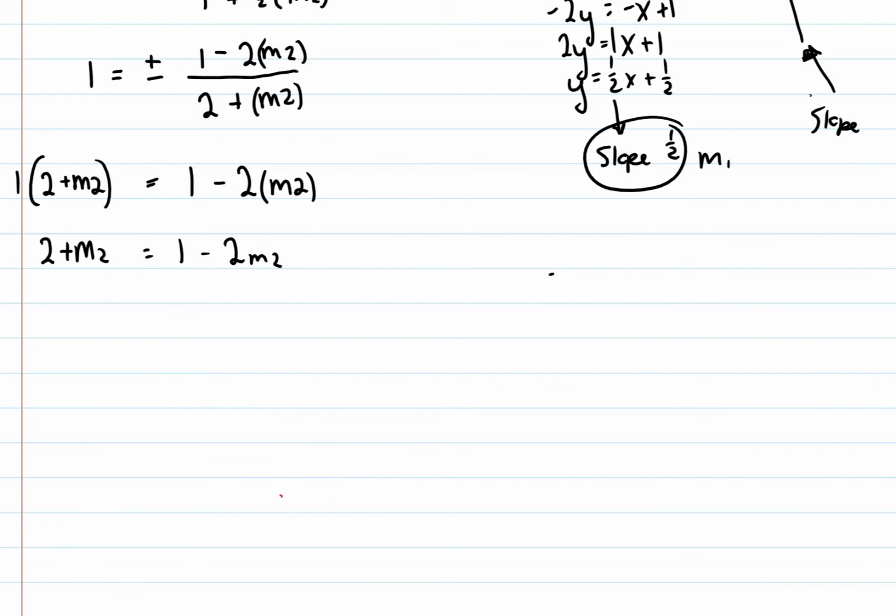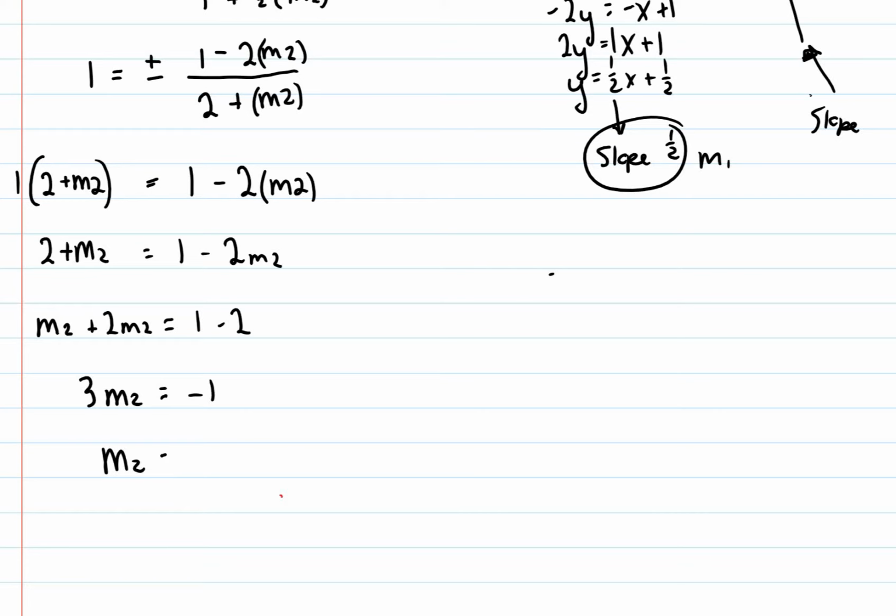If I bring my m2s to one side, I'll have this m2 that's already here plus 2m2, and that equals 1 minus 2. m2 and 2m2 is 3m2s, and 3m2s is minus 1, so divide by 3 on both sides.